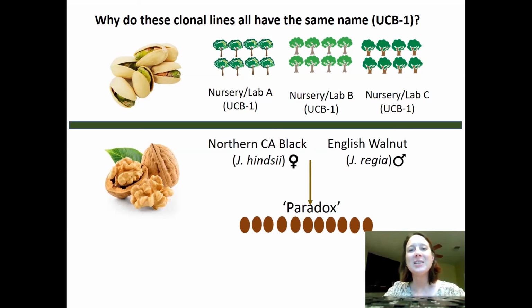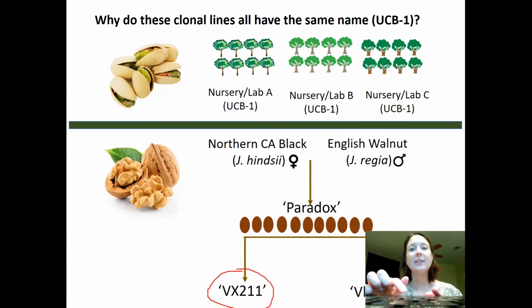When you end up with these paradox seedlings and you select ones that you think are superior and you make them into clones, we actually give them different names. We have VX211, that's from the Walnut Improvement Program, or Vlach, which was a selection from private industry. So it's actually much easier to differentiate between clonal lines within the walnut system than it is within the pistachio system. So I'm hoping that that makes it clear, because I know that it can be very confusing, particularly when growers are growing multiple crops.